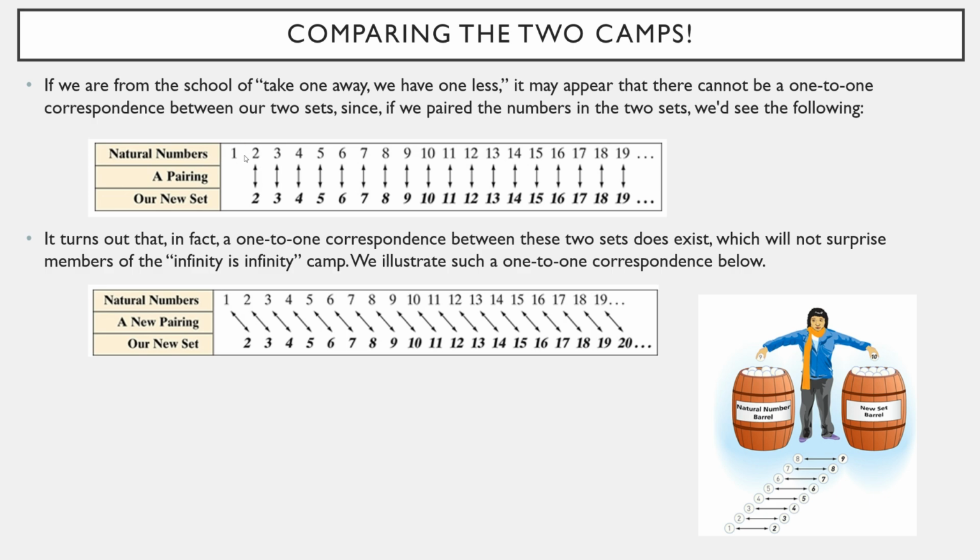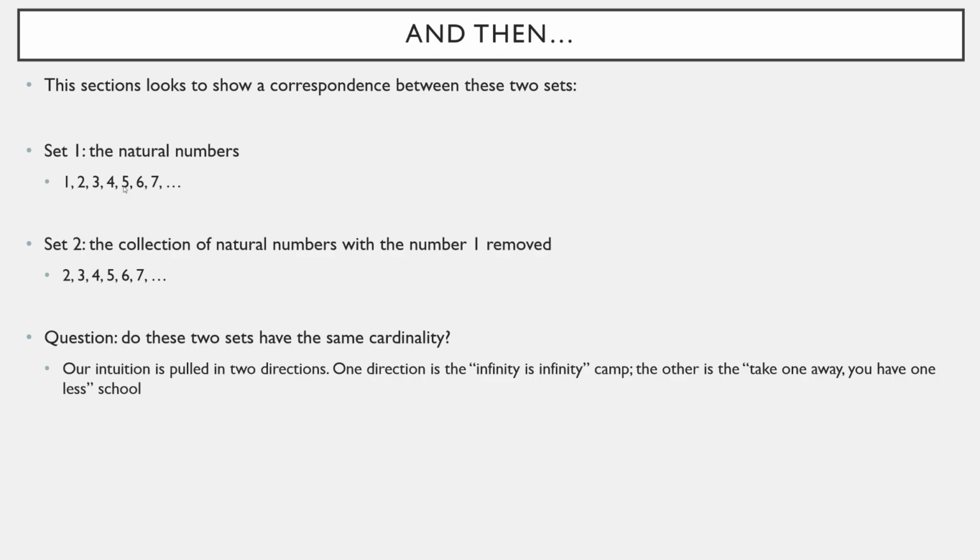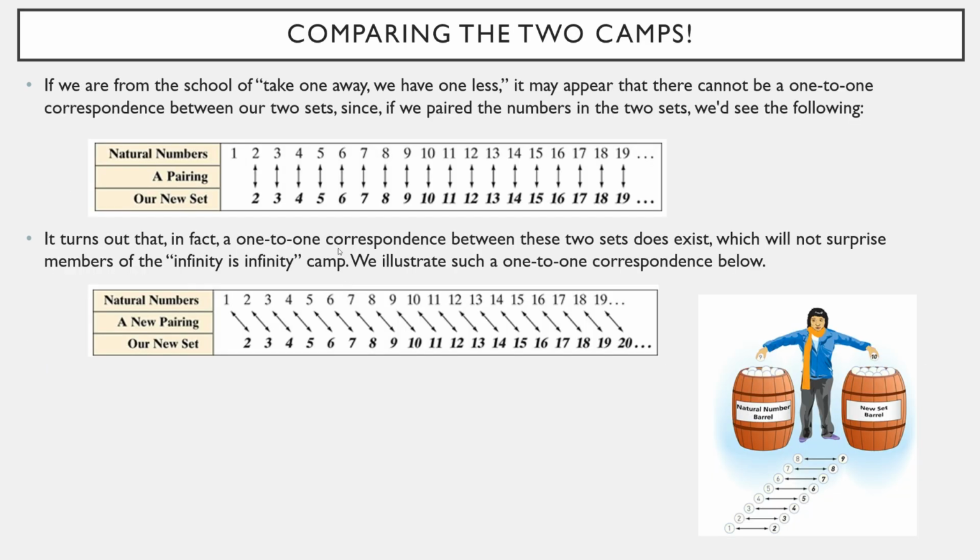Actually, it turns out a one-to-one correspondence between these two sets does exist. Even though this starts 1, 2, 3 all the way to infinity and this goes 2, 3 all the way to infinity, and it seems there is one less element here, they actually have the same cardinality. They both go on to infinity, and you can form the one-to-one correspondence.